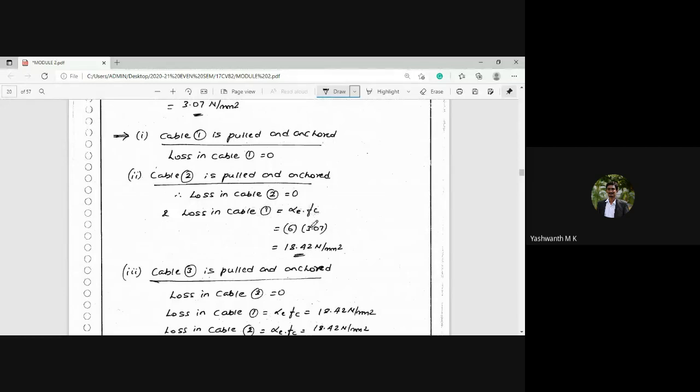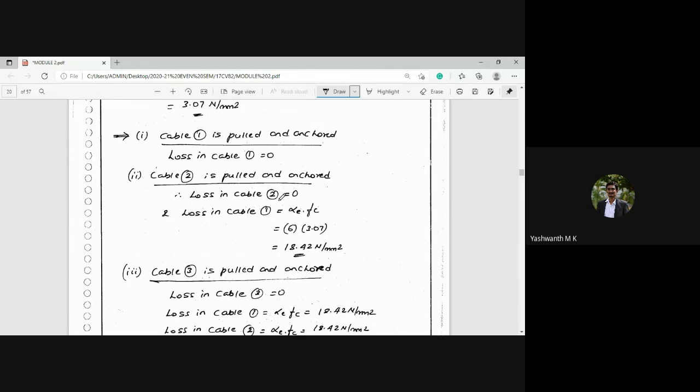Alpha E into Fc, that is, loss in cable 1 is equal to modular ratio multiplied by the compressive stress in concrete at the level of steel, 3.07, which is 18.42. I hope you understood. In cable 2, at that moment I am putting the cable inside, so no losses will be encountered. Hence the loss in cable 2 will become 0.